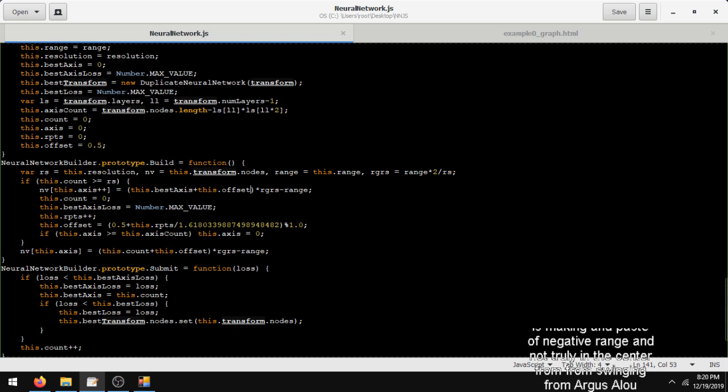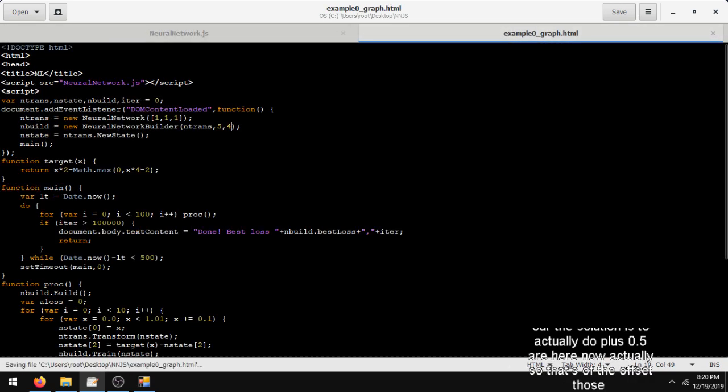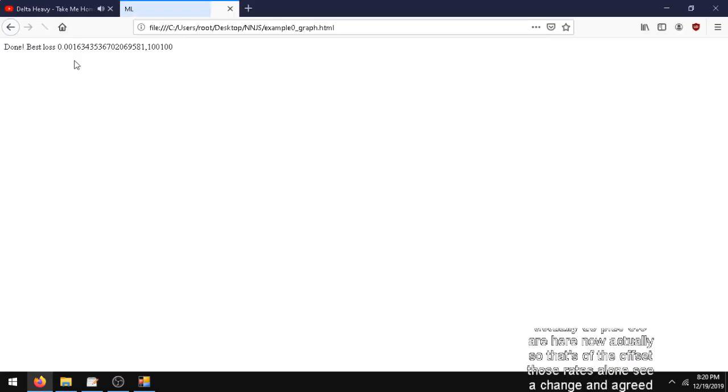I think the solution is to actually do plus 0.5 right here. Yeah, actually, so that's what the offset does. Alright, so let's see how changing the grid size affects this.